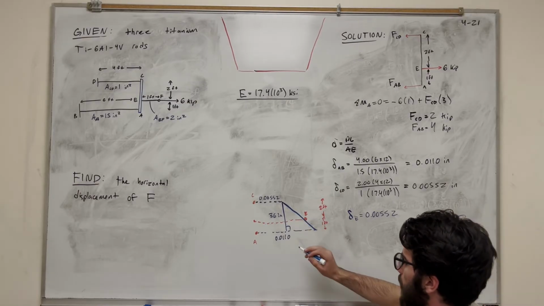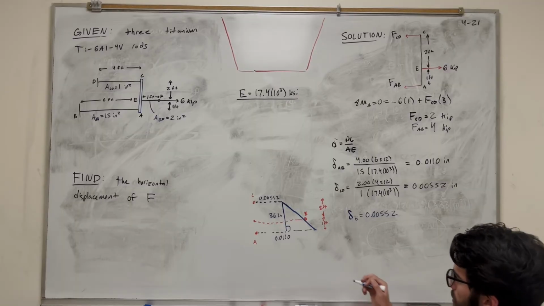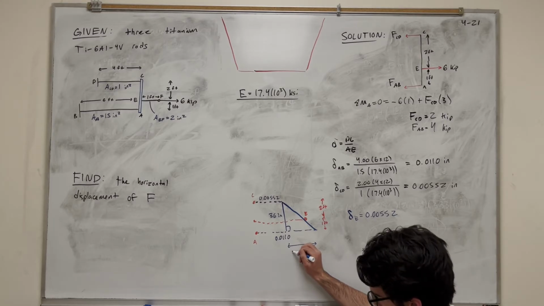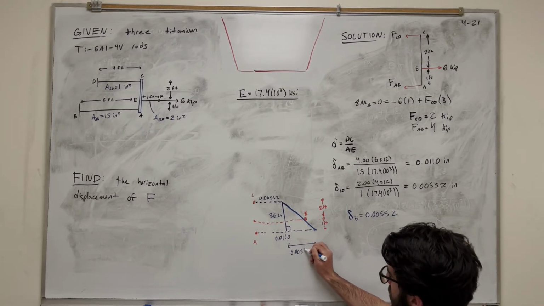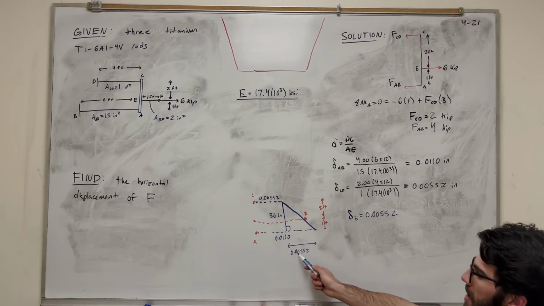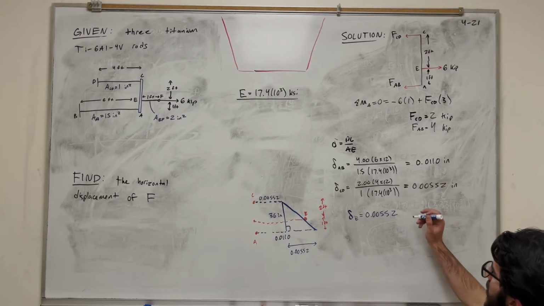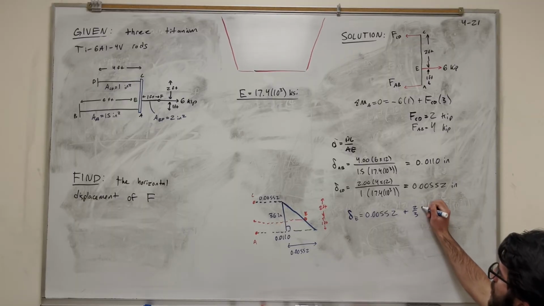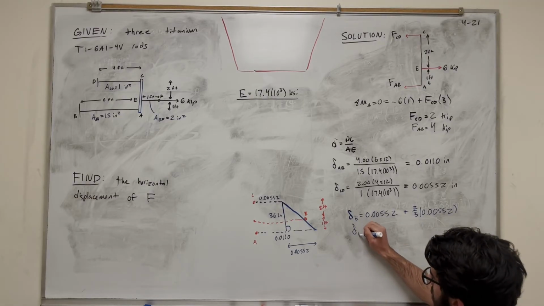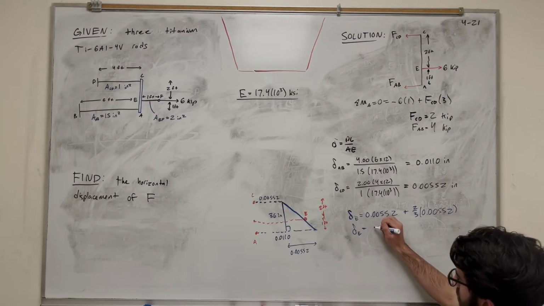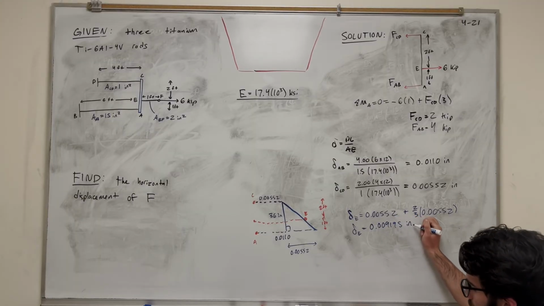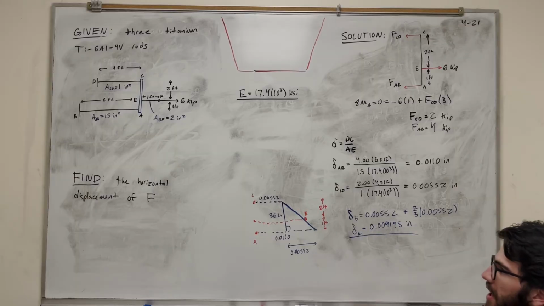I forgot to write this, but this distance is literally half of that, so it's 0.00552 as well. So the displacement of E from this line is 2/3 of 0.00552. Doing the math, the displacement of E is 0.009195 inches.